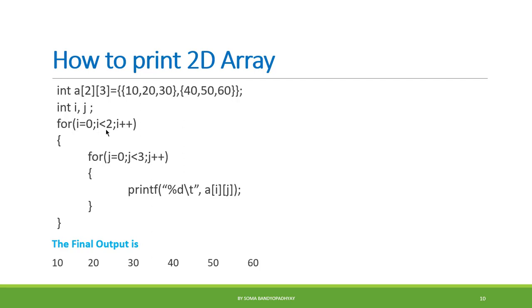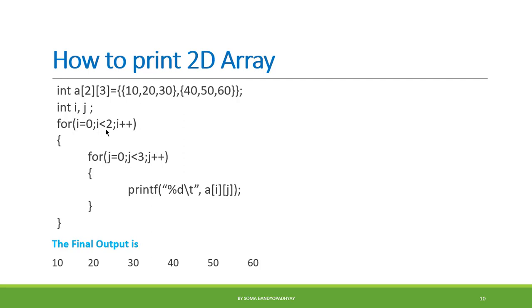So j will increment again and become 3. Now the condition is not satisfied, hence it will come outside this loop and now i will be incremented. So the value of i will become 2. i is not less than 2, so the condition is not satisfied.